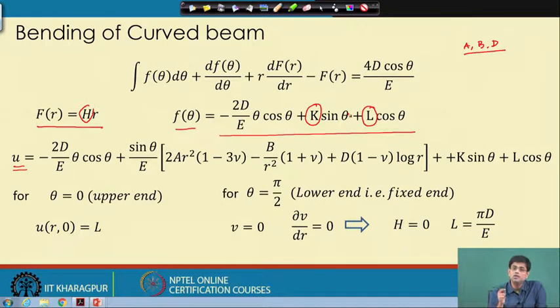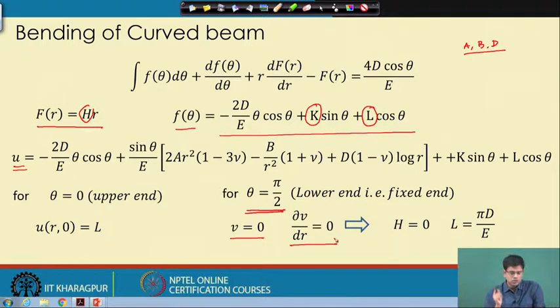Similar to the straight cantilever beam, if you remember, at the fixed end, theta equals pi by 2 is our fixed end, so at b, the fixed end, v equals 0 and dv dr, that is, any element in the vertical line will be 0.